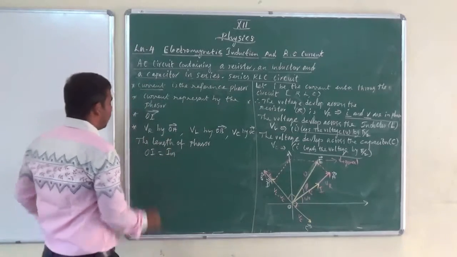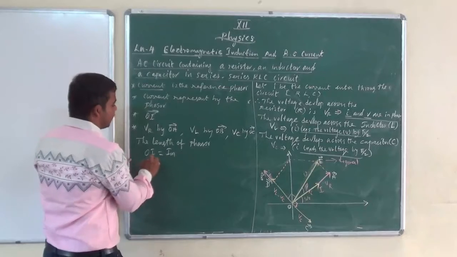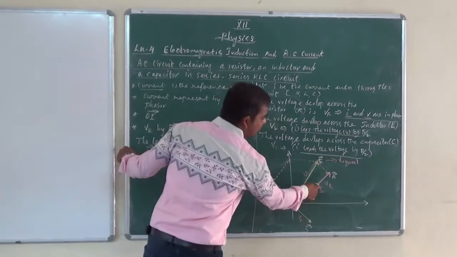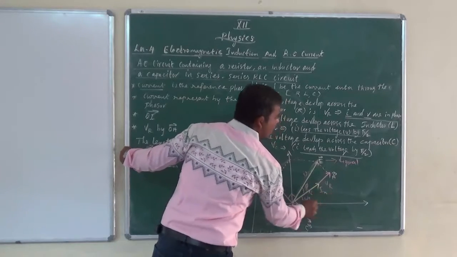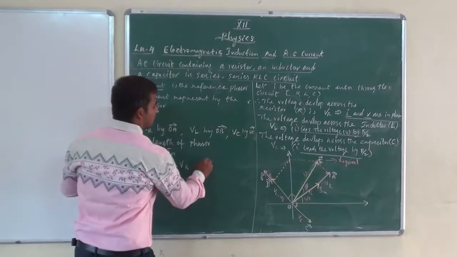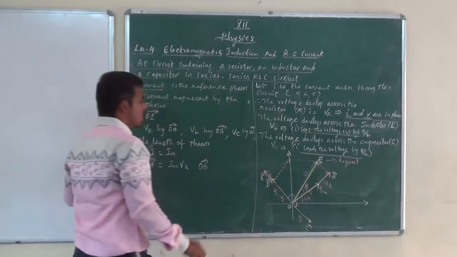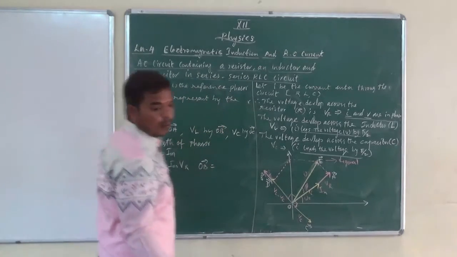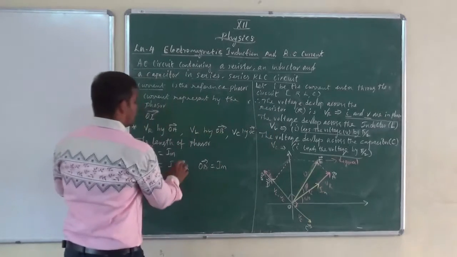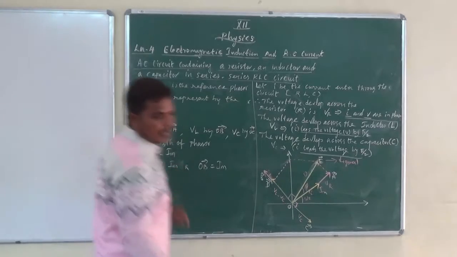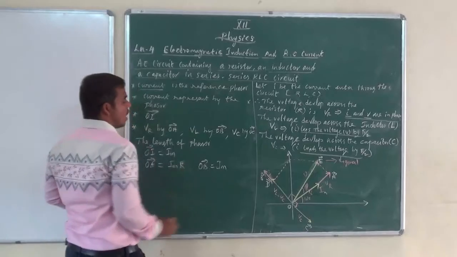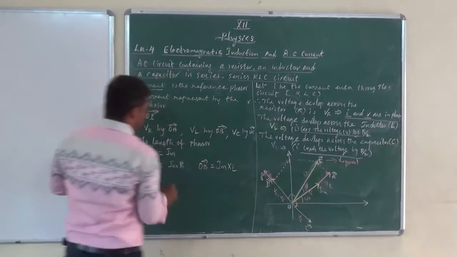Now we can write the OA vector: OA is Im into R, that is VR. OB is nothing but Im into XL.